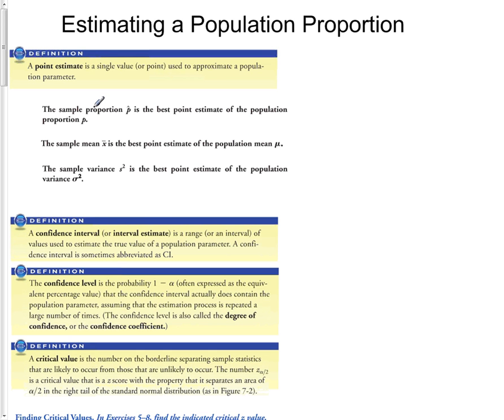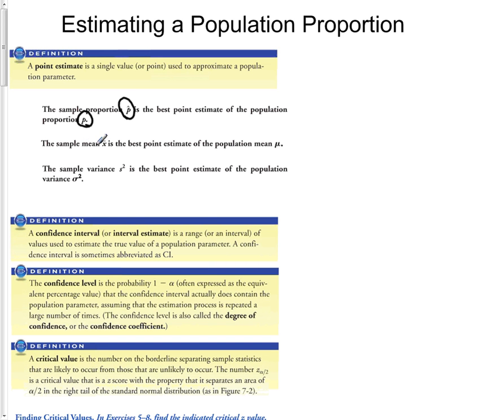So the sample proportion p hat is the best point estimate of the population proportion p. So if I have a population and I want to estimate its proportion, what I do is I take a sample and I find the proportion for that sample. That's going to be p hat, and that's going to be the best point estimate for p.